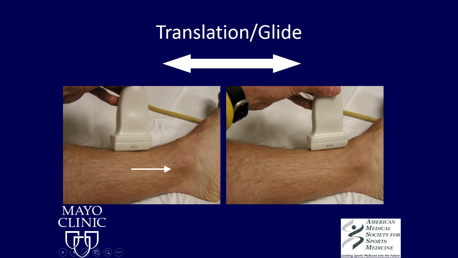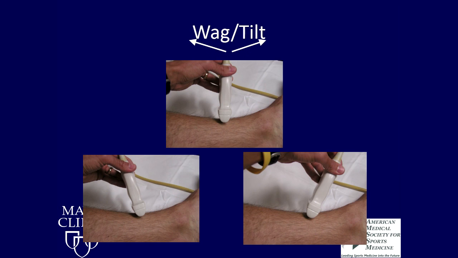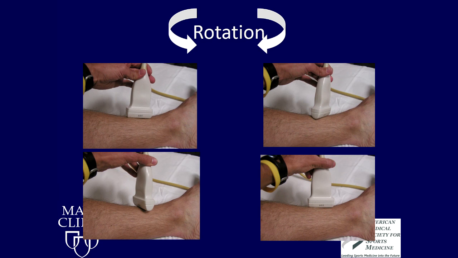Once you have your transducer over the area of interest, you can glide it or translate it back and forth. You can do a heel-toe maneuver where you dig in one end or the other in order to tip the transducer, and that helps eliminate anisotropy, which again I'll talk about in a little bit. Or if you're looking at something in a short axis, then you can wag or tilt the transducer, again, in order to try to eliminate anisotropy and hit the tissue of interest at a right angle.